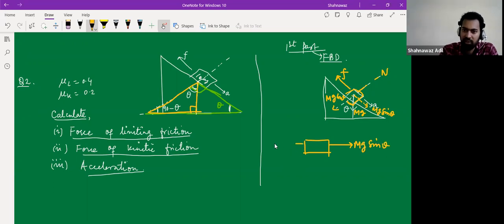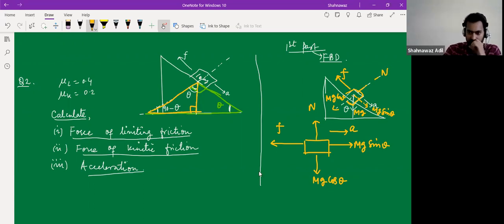The friction is acting like this, which is F. One force is acting like this, which is the normal reaction, and this is mg cos theta. And this is the acceleration. Any doubt, any question?